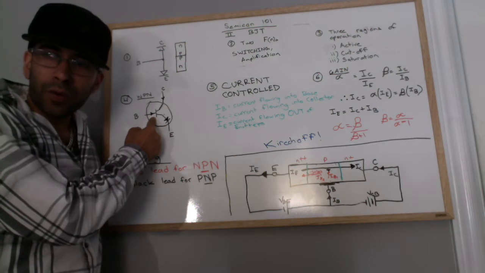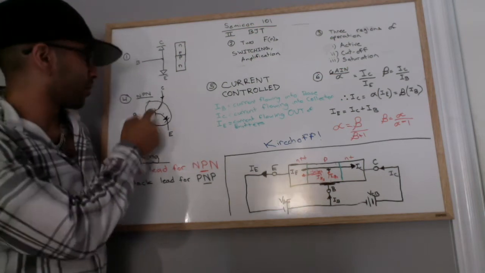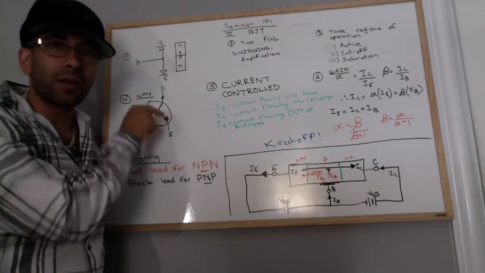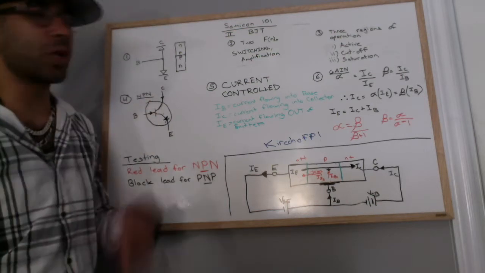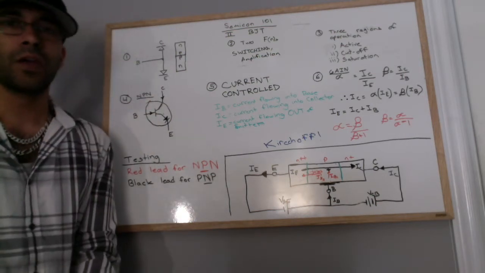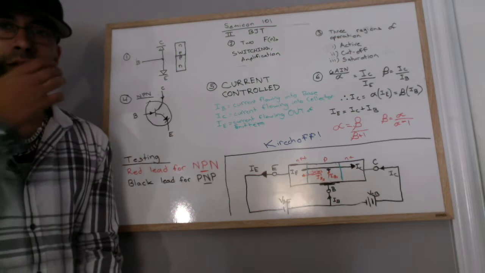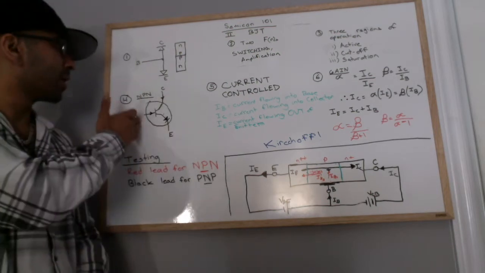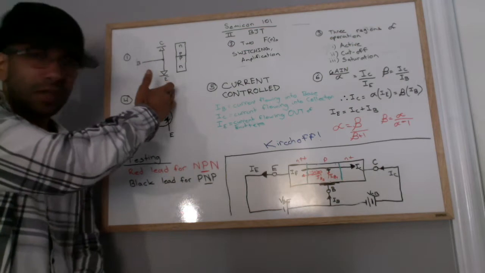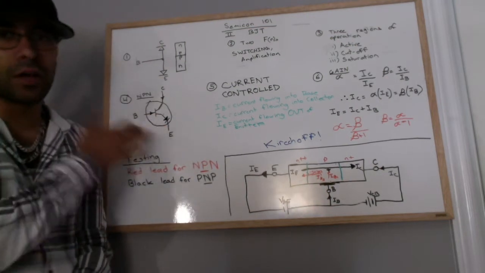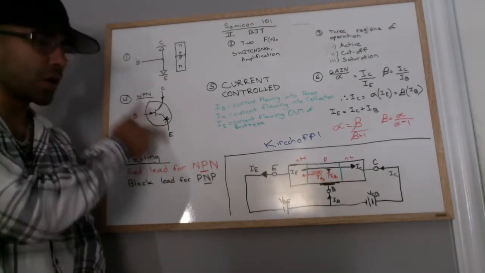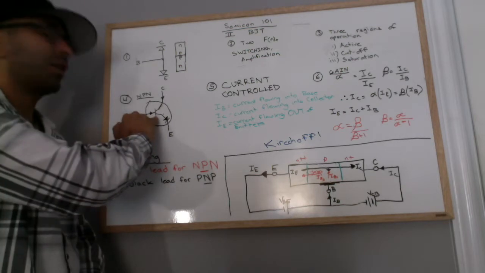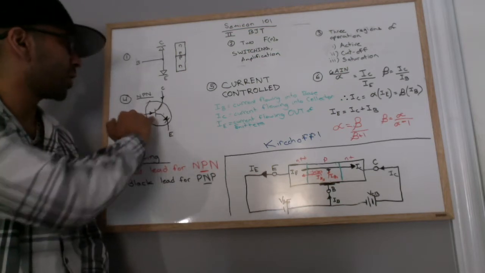A simple way to remember it is the diode always points towards a P layer of the semiconductor. It always does go along the emitter, so if it's NPN as such, it will be going down to the emitter.